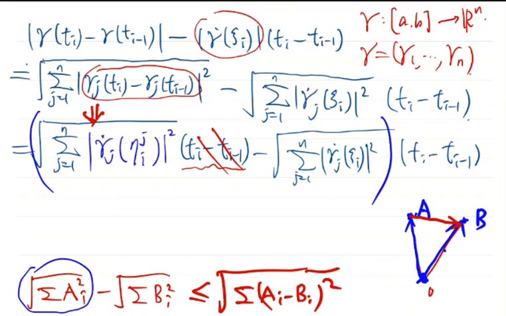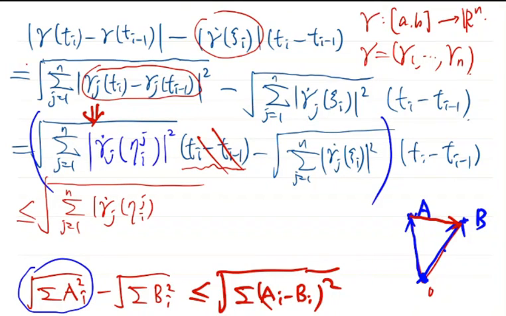Okay, using this result, go back to our estimate. The difference of the two square roots will not be greater than the square root of gamma j dot eta ji minus gamma j dot cj, then squared, then copy the ti minus 1.